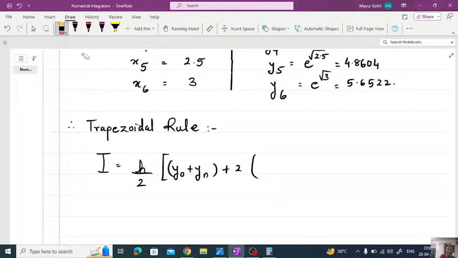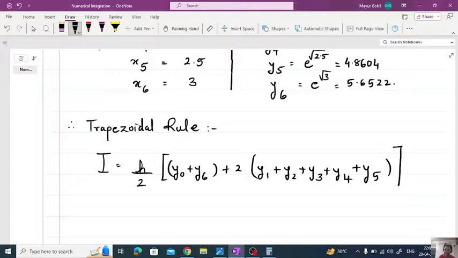Now what is yn in our case? yn is y6 over here, right? So in this case here you write y1 plus y2 plus y3 plus y4 plus y5. Okay? All these values you write here.